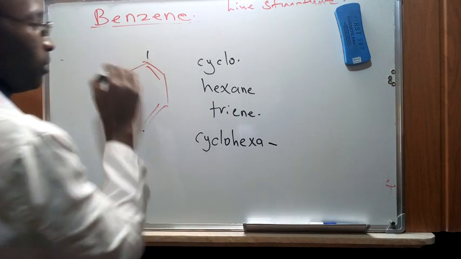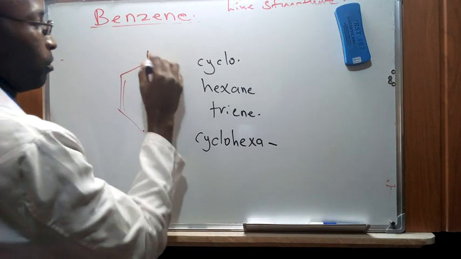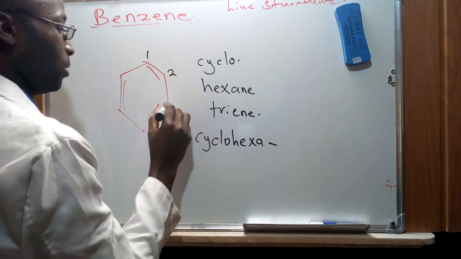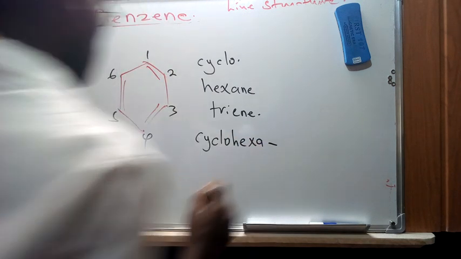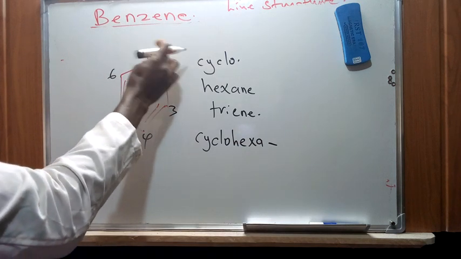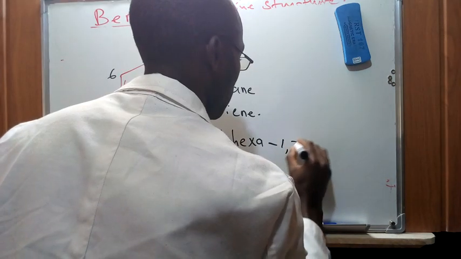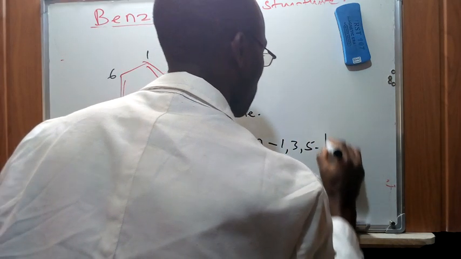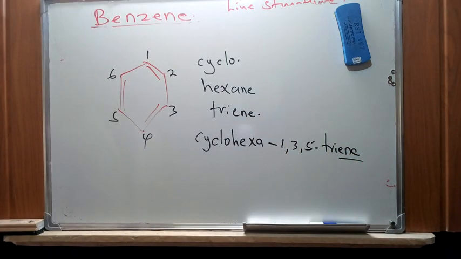For that rule, we're not going to use the anti-clockwise direction. So you use this direction for this molecule and number 2, 3, 4, 5, 6. So we have the double bonds of this arene molecule attached at points number 1, 3, and 5. So this is 1, 3, 5-triene, and the suffix represents an alkene.